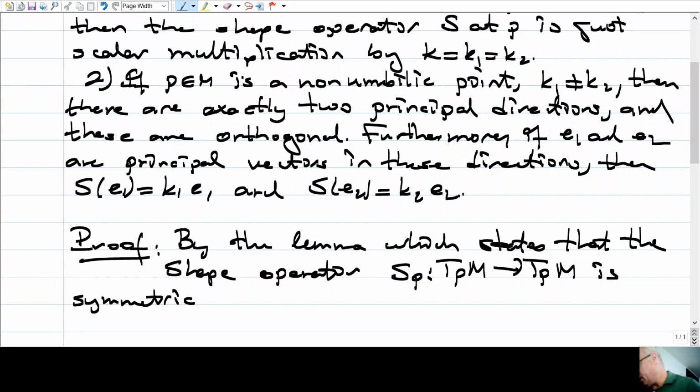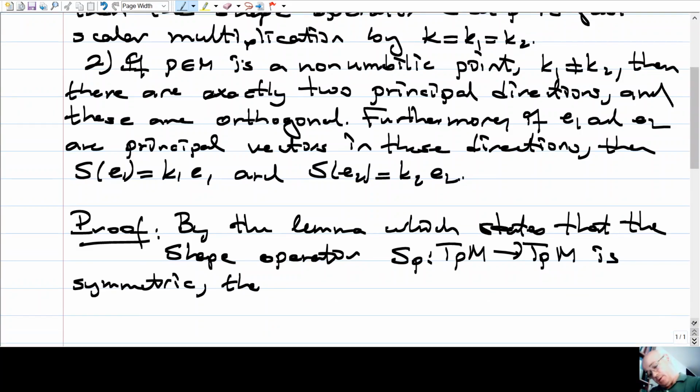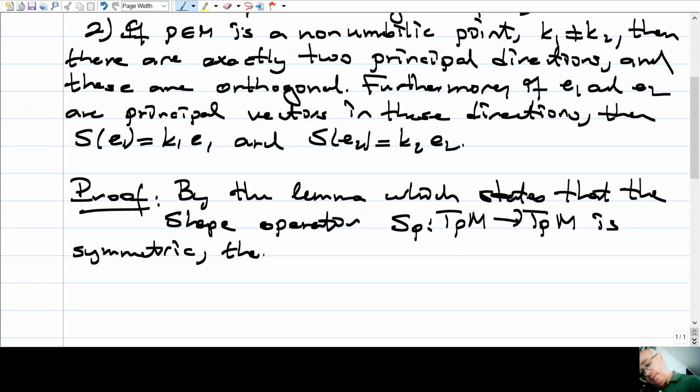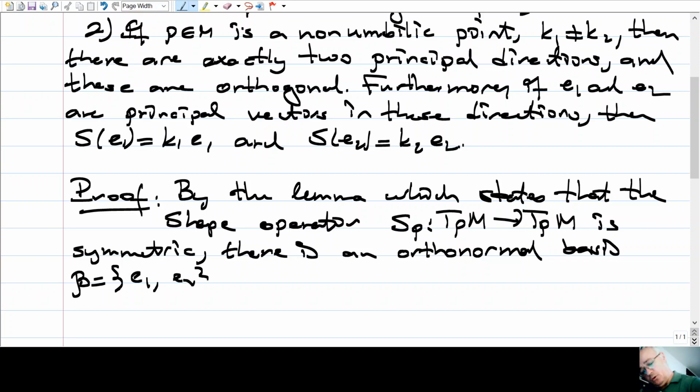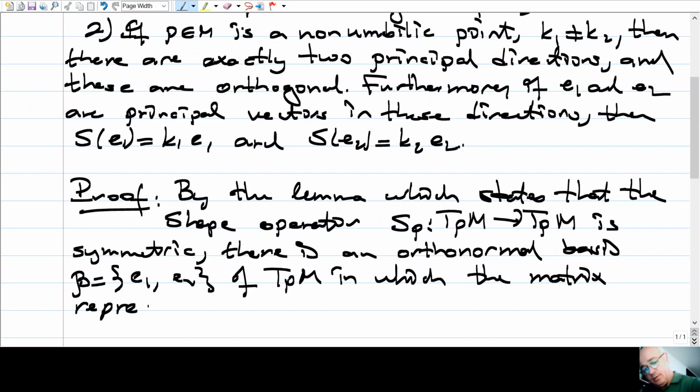Since this operator is symmetric, there is an orthonormal basis, let's say E1, E2, of the tangent space in which the matrix representation of SP is diagonal, right?